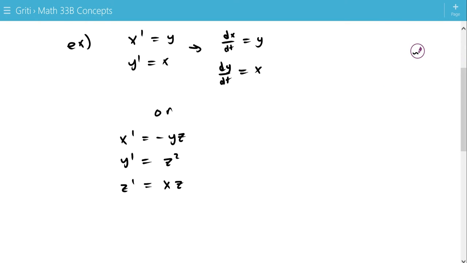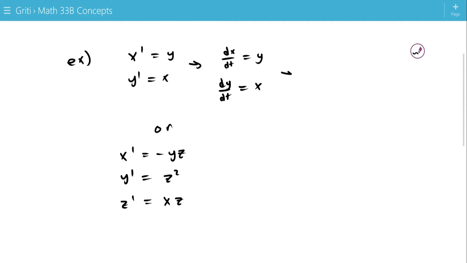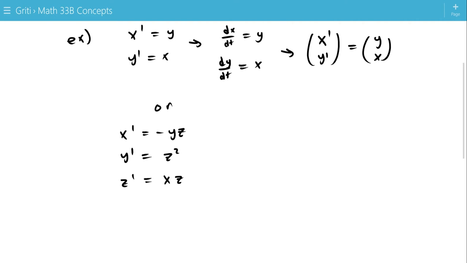So in this case, the rates of change of x, y, and z depend on the values of x, y, and z at a given point in time. We can convert these into a vector form. We can make the vector x prime, y prime equal to the vector y, x. In this case, we would write the vector x prime, y prime, z prime equal to the vector negative yz, z squared, and xz.